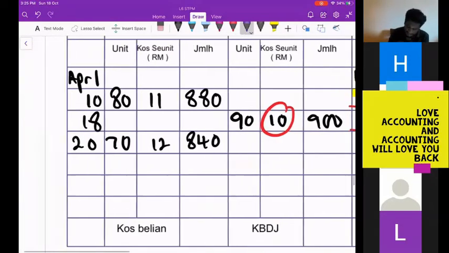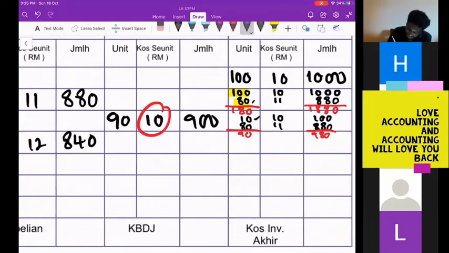After the 20th April, the 10 is still with me, which is 10 ringgit, so the cost is 100 ringgit. After that, the 80 also still with me, at 11 ringgit, 880. After that, I bought a new one, 70, each 12 ringgit, so the total cost is 840.